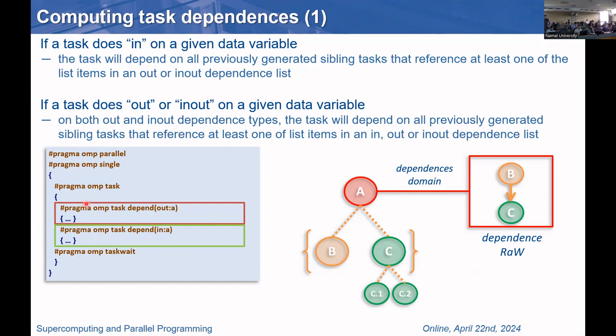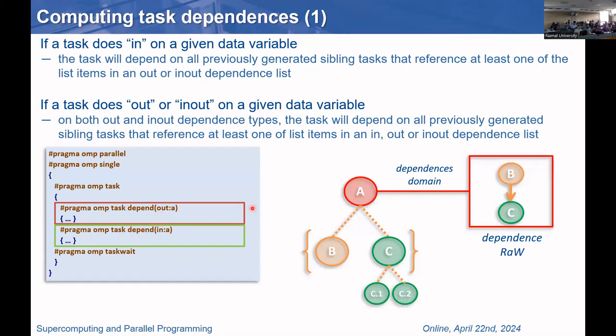Here we see the example of a read after write, which is probably the usual dependence that one thinks of. We have a task that does a depend out A, and this guy will probably modify A in some way, A equals whatever. And here we have depend in A, which means that this guy will do maybe a printf of A, or will do something equals to A plus 1.